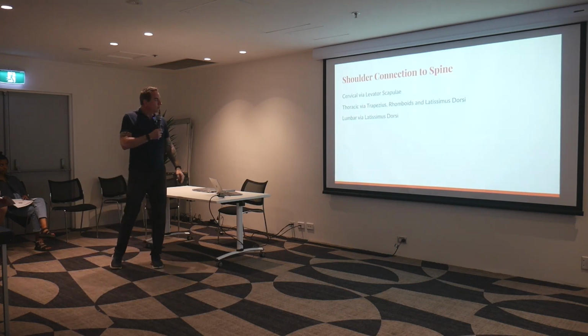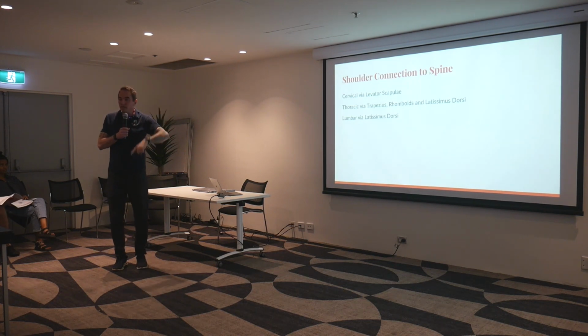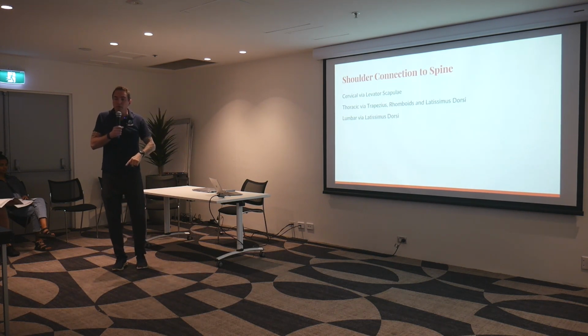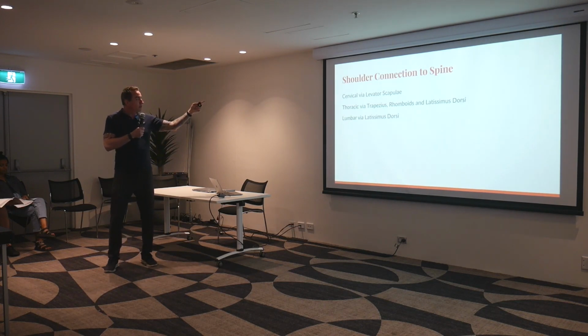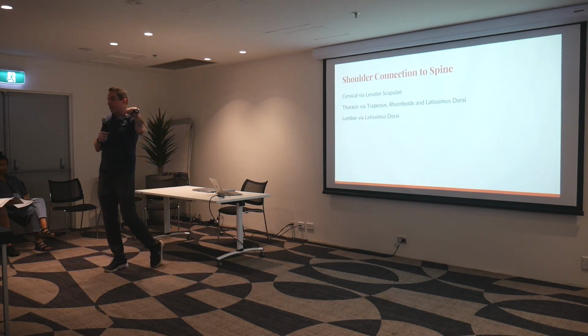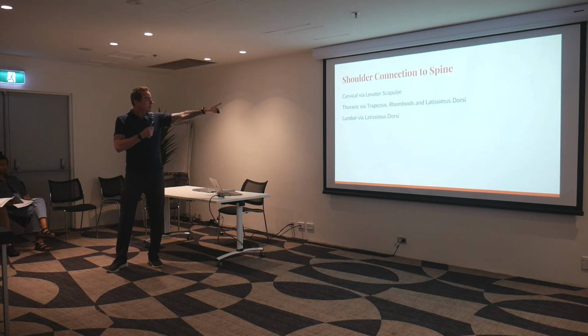So the shoulder is really interesting in that it's connected to the spine all the way from the top to the bottom by different muscles. So you have the cervical part that's connected from the levator scapulae, which goes from the upper part of the scapula all the way up to C1. And then you've got the thoracic via trapezius, rhomboids, and the lats.